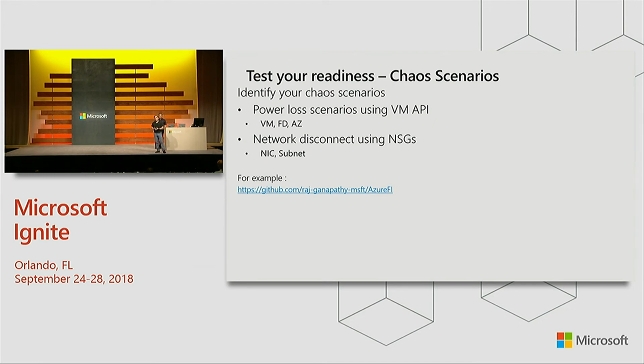Another aspect is network. Take network security groups, NSGs, and apply NSGs to block everything on a subnet or on a NIC, to simulate split brain or network disconnect. We often hear customers say, yes, I practice AZ failover.